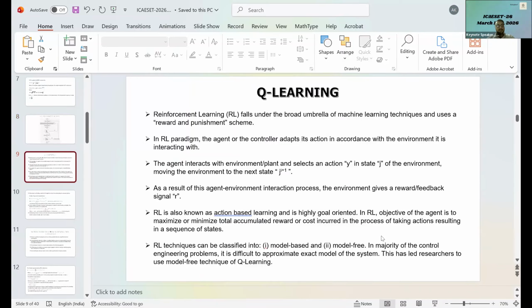The next algorithm, which is the most important part of our research, is Q-learning, which is part of reinforcement learning. It is a special type of learning coming under the umbrella of machine learning techniques, using a reward and punishment scheme. For a simple example, suppose a person wants to learn driving a car.